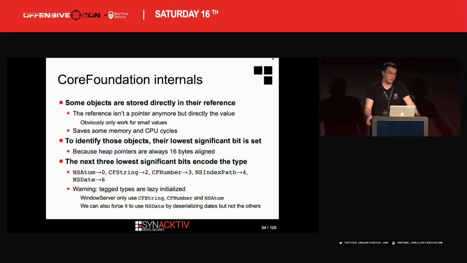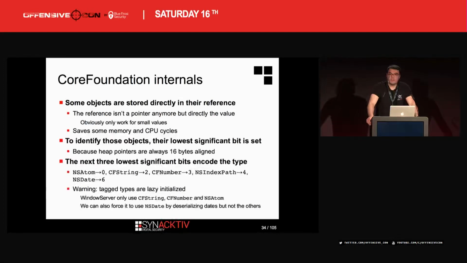The answer is again in Core Foundation internals, because some tiny objects are stored directly in their reference. That means that instead of having a pointer to a heap allocation, you will have directly the value in the pointer, which is not a pointer anymore. Obviously, it only works for small values that can be put in just a pointer.